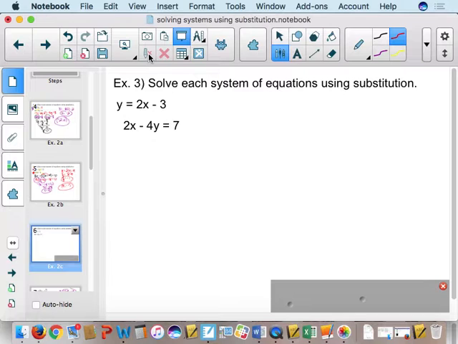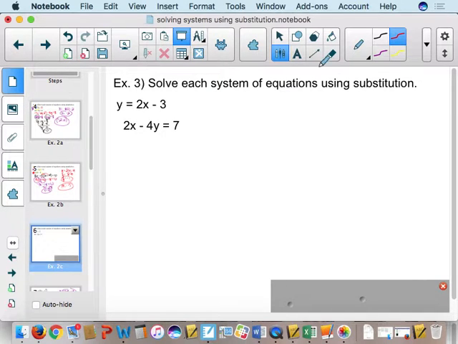Example number 3 is not a super clean problem for you to work through. You won't have one like this on your homework, but this is an example of a reason why you would need substitution, because you could get the exact answer, whereas a graph you wouldn't be able to tell what that answer is.